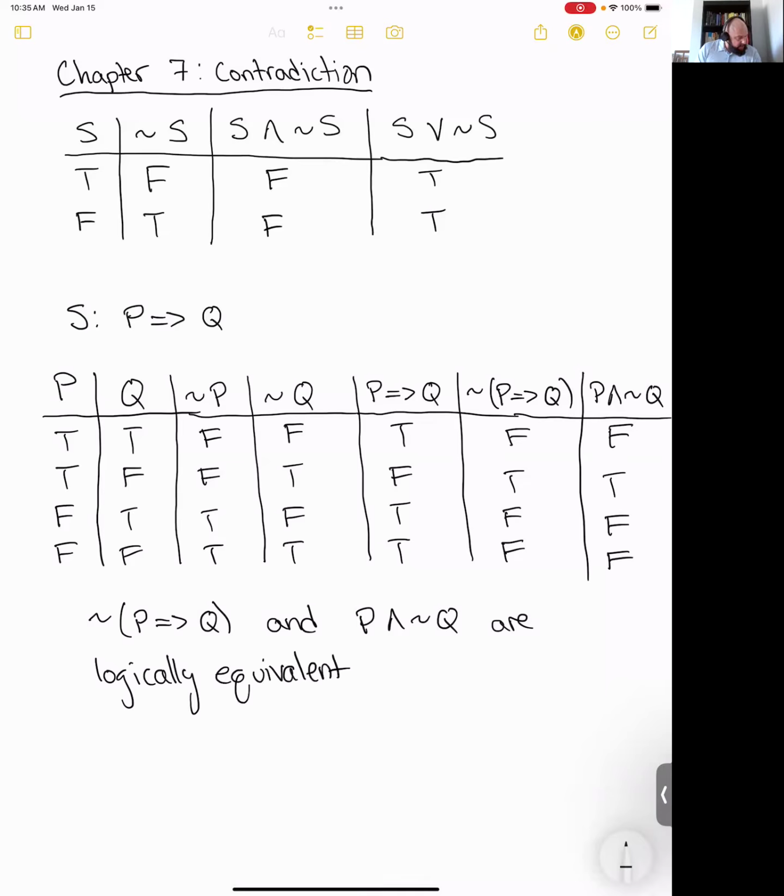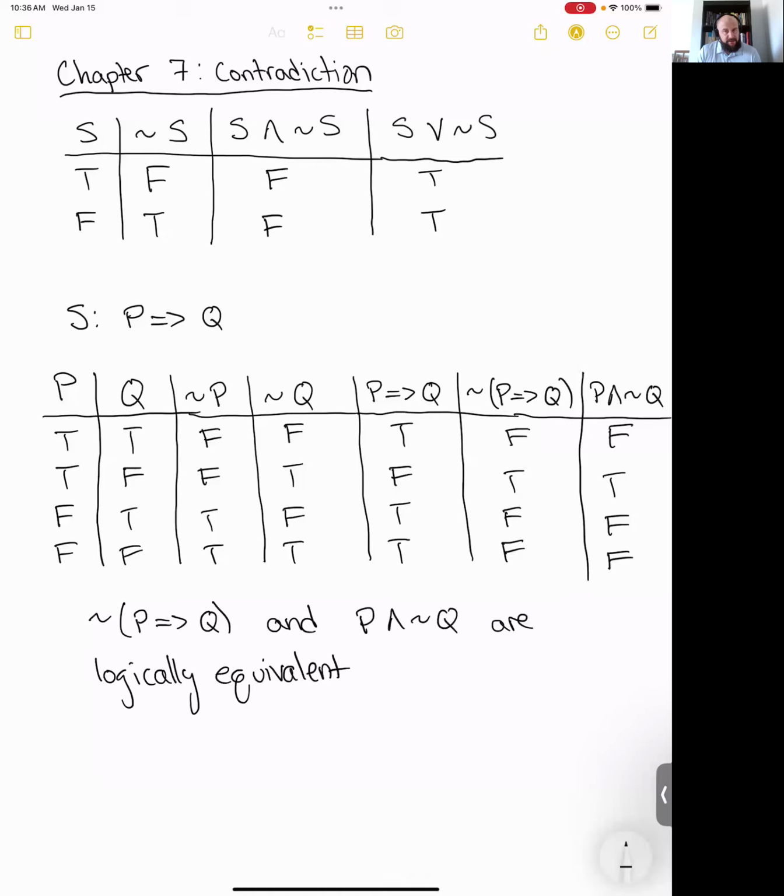Okay, so when we do a proof by contradiction, we're going to have a statement. It could just be a statement given as just an S where we don't necessarily write it as an implication, but it can also be written as an explicit implication. And the way we're going to prove it is by assuming its opposite. So either we're just going to take not S, or S will be an implication. So when we take not of the implication, we're going to assume P and the opposite of its conclusion, right?